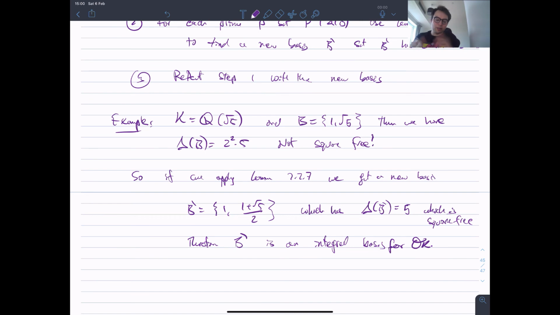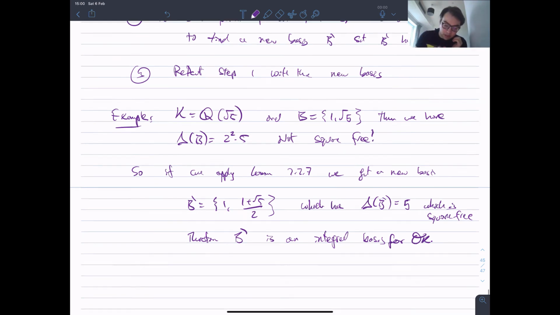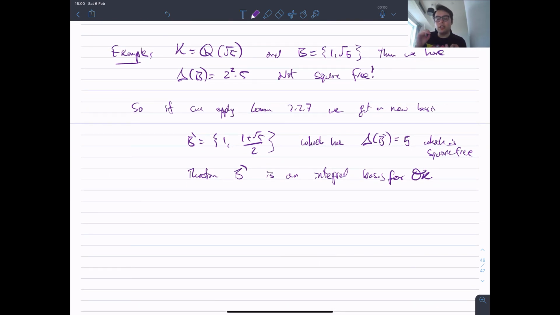So we somehow have an algorithm now to compute integral bases. I'll tell you some more tricks later on for doing this more efficiently in some cases, but at least we have a start. And here's a proposition which tells us something interesting about the discriminants of these integral bases, which is that they don't change. Which means that the discriminant of an integral basis is an invariant of our field. So it's a number that we can attach to our field, which can help us study it.